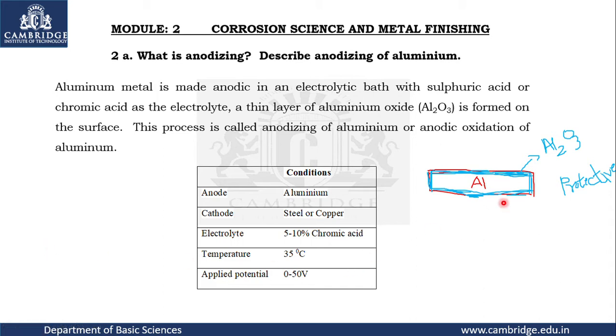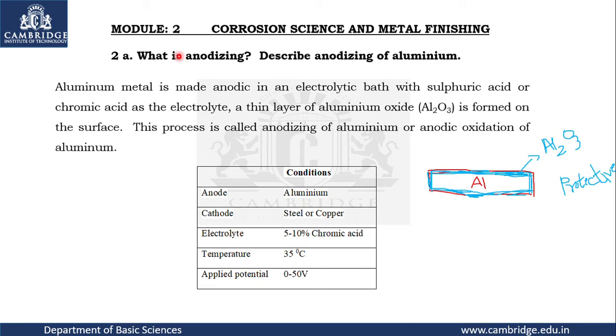Let me repeat. First of all, you have an aluminum metal. The top layer of the metal is converted into its oxide by supplying the electrons from the external source, and this newly formed layer acts as a protective barrier and isolates the inner metal from the outside environment. Therefore, the corrosion of the inner metal will be prevented.